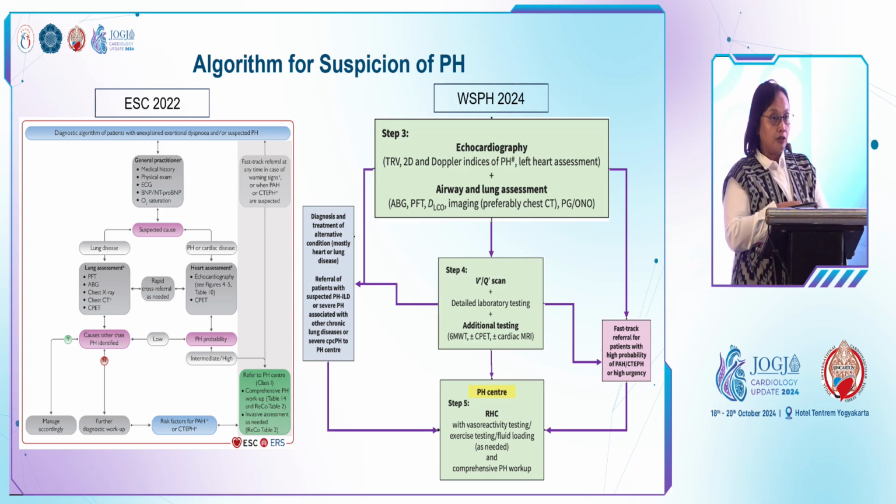If there are signs of pulmonary hypertension, you can further refer the patient for perfusion imaging to see whether there is involvement of lung disease or thromboemboli, to see whether the pulmonary hypertension is due to CTEPH or is pulmonary arterial hypertension, before we do the right heart catheterization.